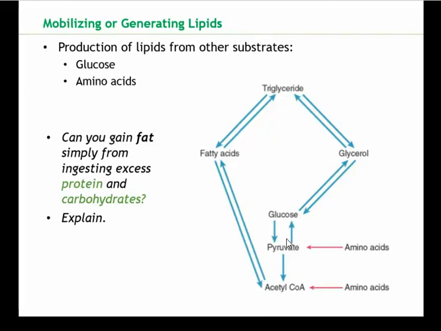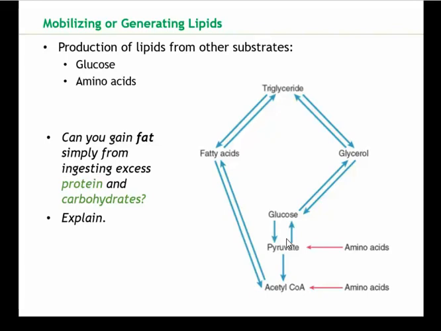If the body doesn't use the glucose that we consume, it's going to be stored as glycogen. When our glycogen stores are full, the glucose we consume is then turned into triglycerides, which are stored as fat. If the body doesn't use protein to repair our broken down muscle or to build our muscle, then the body will store that extra amino acids, that extra protein, also as fat.